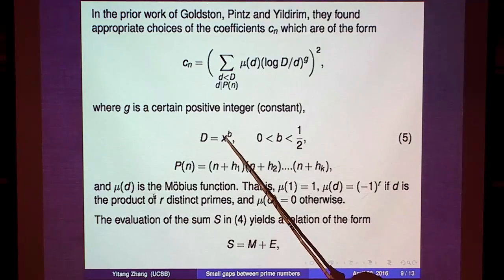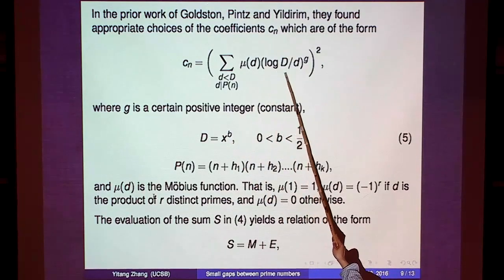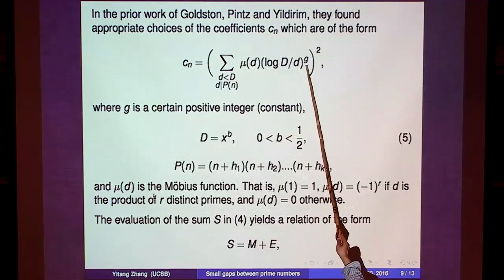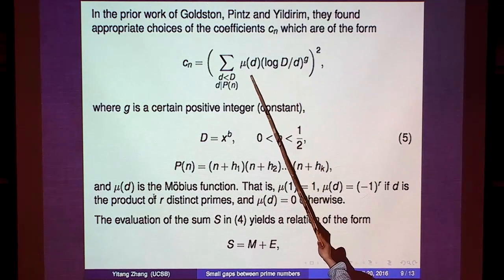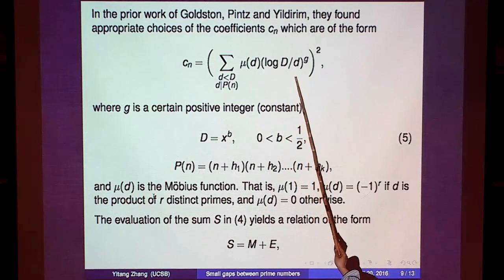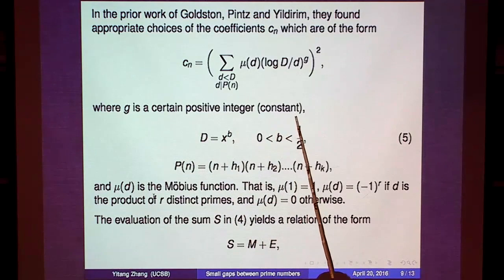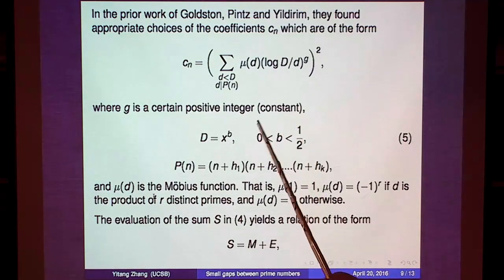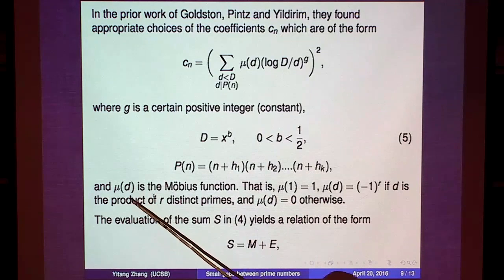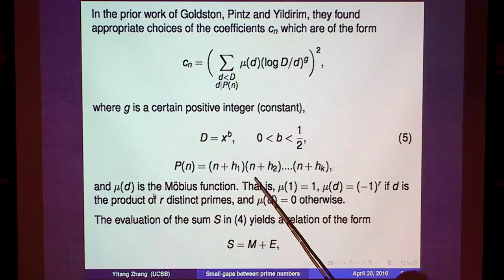It's a typo. And here we have a power of a logarithm factor. We have another factor which is mu of D. Let me explain. Here, G is a certain positive integer, which is a constant. In my paper, maybe G is equal to 200 or something. Anyway, it is a certain fixed number. And mu of D is a very common function in number theory, the so-called Mobius function. The definition is mu of 1 is equal to 1.